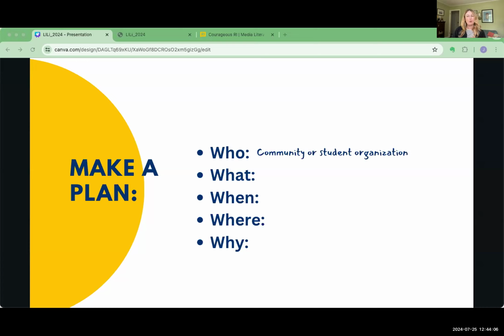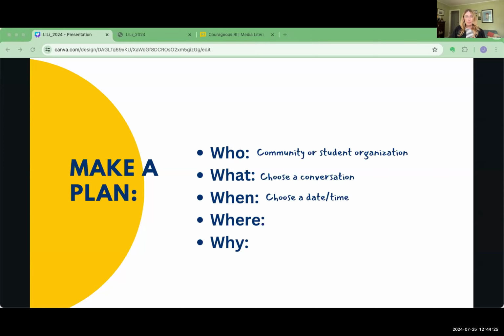So if you can, partners really maximize success. So thinking about partnering with a student organization or a community organization. Then choose a conversation if you're comfortable with it. Let students choose what interests them. That intrinsic motivation will get them far.